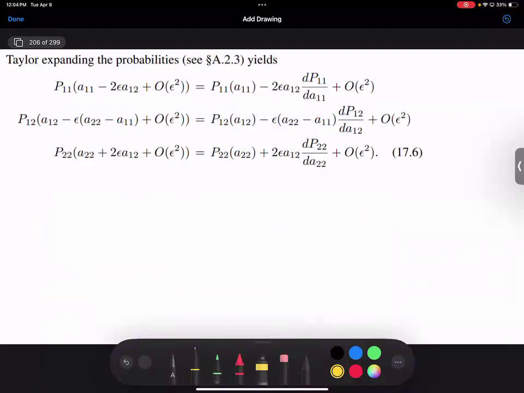Well, we can Taylor expand. We'll assume whatever densities we're using are nice.